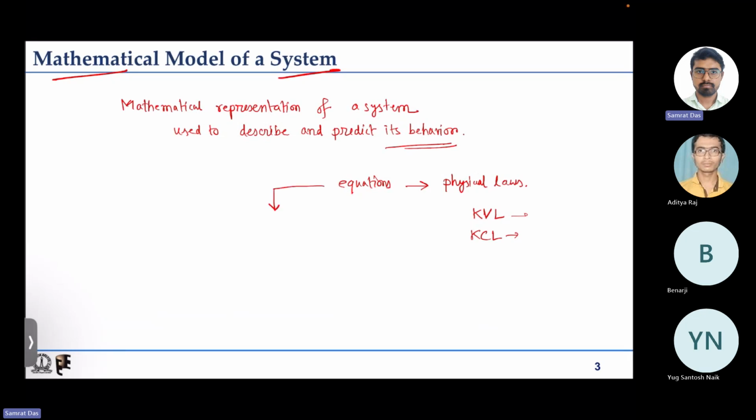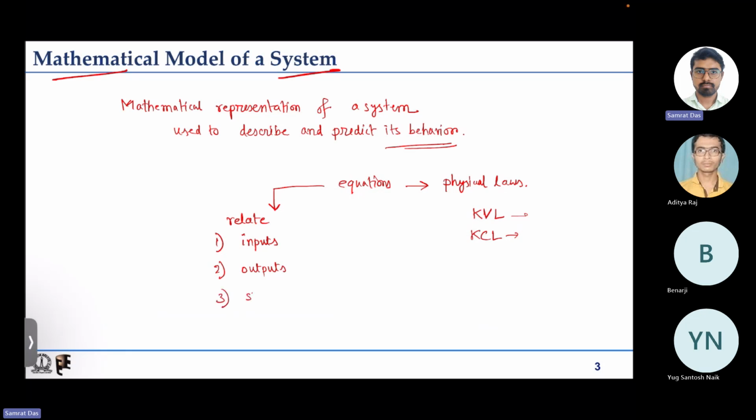And these equations will be relating certain things. What are the different things they will relate? Obviously, the system will accept certain inputs, so the equations must have the inputs in them. They also need to have the outputs.